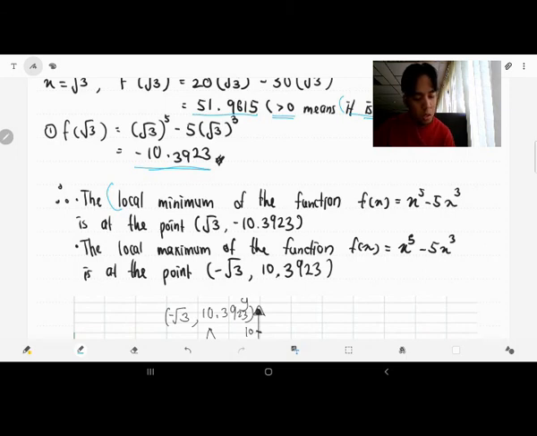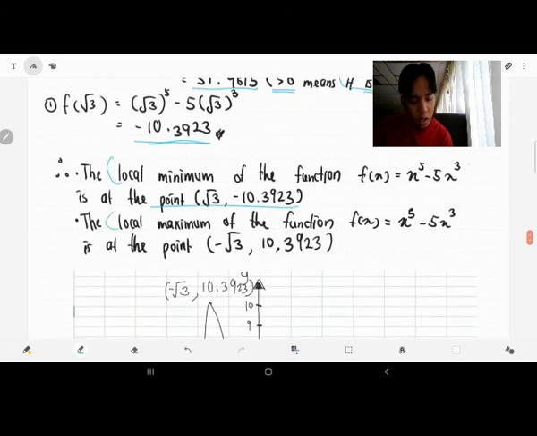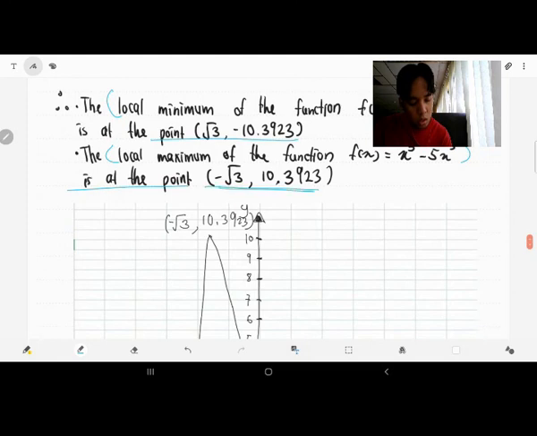Therefore the local minimum of the function f(x) = x^5 - 5x^3 is at the point square root of 3, negative 10.3923, and the local maximum point of the function f(x) = x^5 - 5x^3 is at the point negative square root of 3, 10.3923.